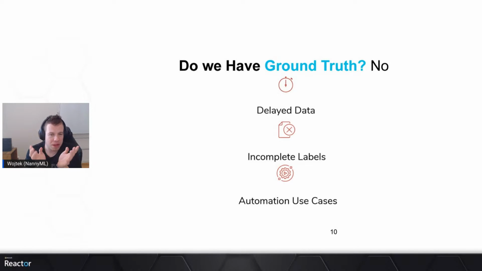And why is that? So coming back to my example, we can see that in case of these loan defaults, we'll have to wait an entire year before we can simply calculate whether a person that we've given a loan to has defaulted or not.